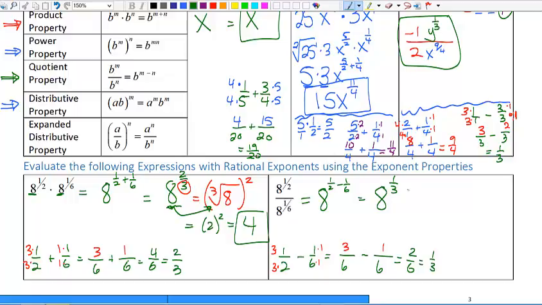But because 8 is a number and not a variable base, that means I can change it into a radical. So I have the cube root of 8 to the 1. Well, to the 1 doesn't really help much, does it? We don't need to write that. And the cube root of 8 is just 2. So that final answer is 2. And that concludes this lesson on radicals.